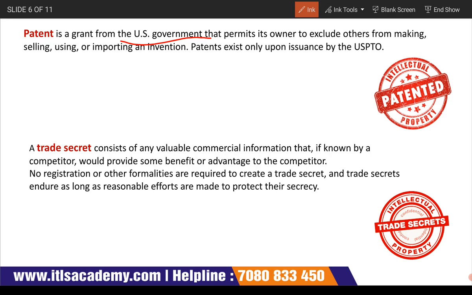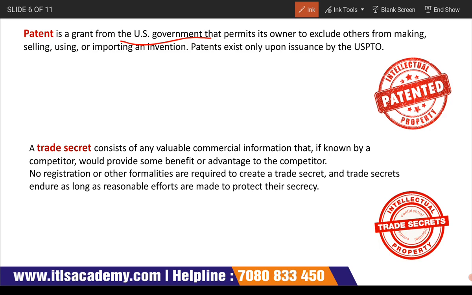They are giving a legal right to an inventor, or you can say a person, to protect their product from others, so that nobody can sell it or misuse it.